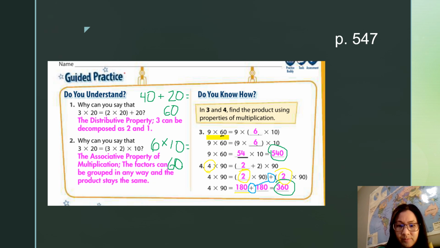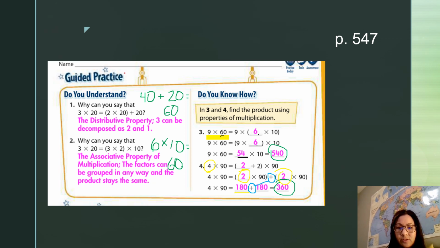That's the same thing. So here's the 2 times 90 equals 180. And then this 2 times 90 equals 180. Now add those together. 360. That's the product. All right. So I hope that you can use this example to help you when it's time to do independent practice, which we're going to go to next.